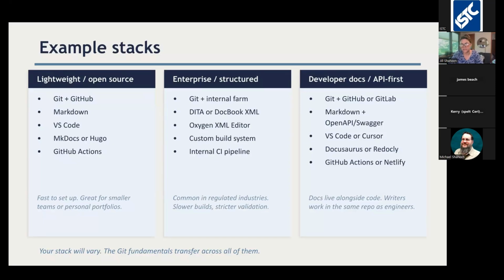I don't know of any companies that do this, but I hear that some companies actually have their developer docs in the same repo as their code. So that's a possibility too. You would actually be working alongside the engineers, coordinating pushes and pulls. But I think most places now have separate repos for the docs and for the code base itself for the product.